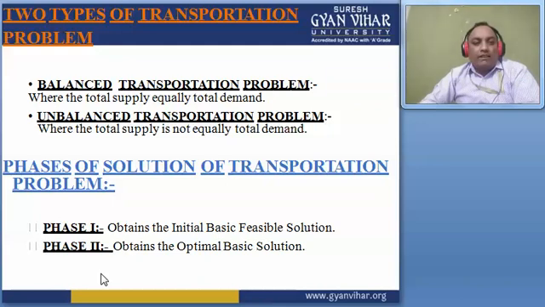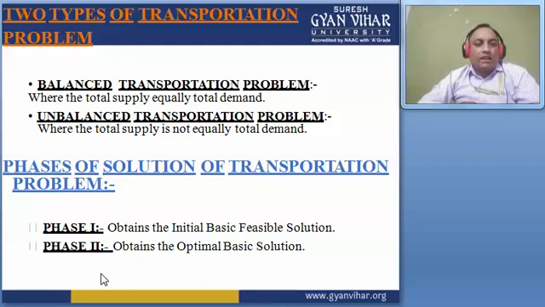I will discuss in the next slides what problem is related to balanced transportation problem and what type of problem is related to unbalanced transportation problem, and phases of the solution of transportation problem. Here two types of phase are present.